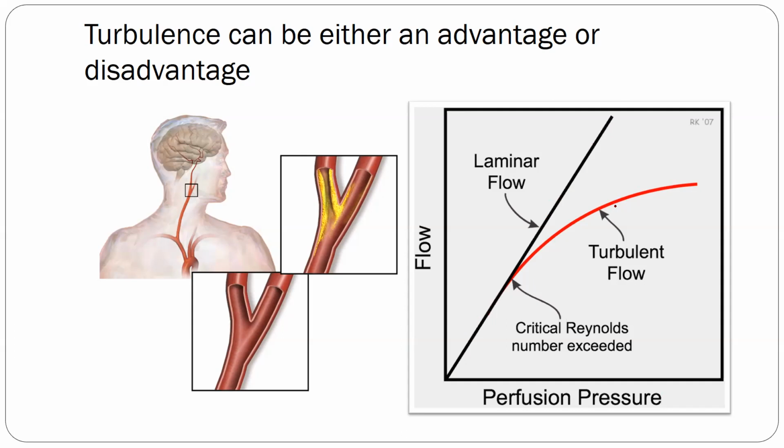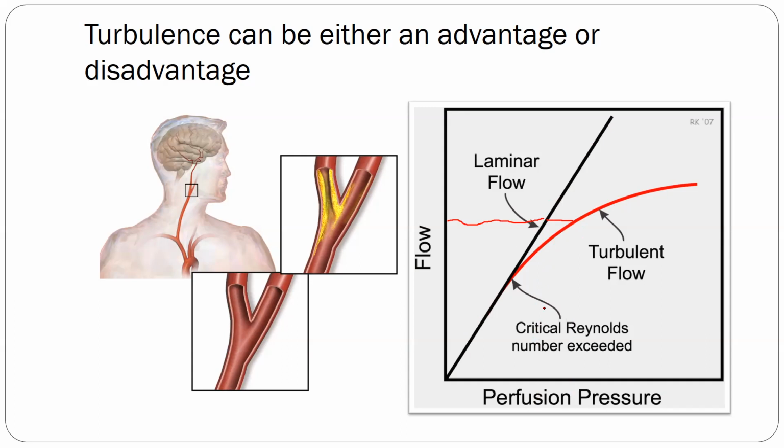Okay. So with the given flow, for example, kapag laminar siya, okay, you will need a certain perfusion pressure or blood pressure, right? Pero kapag may turbulence, okay, that perfusion pressure will increase. Okay? So yung systolic and diastolic pressure mo, tataas yun.